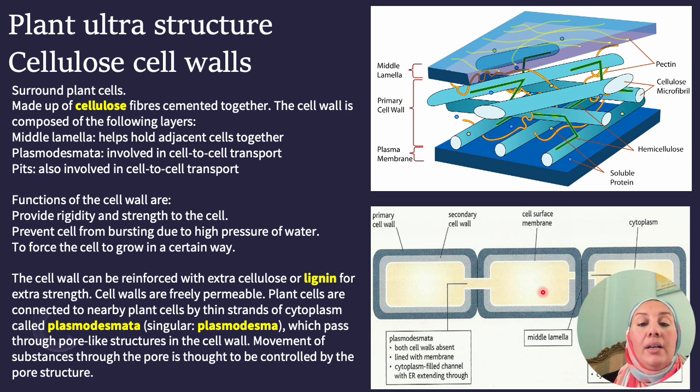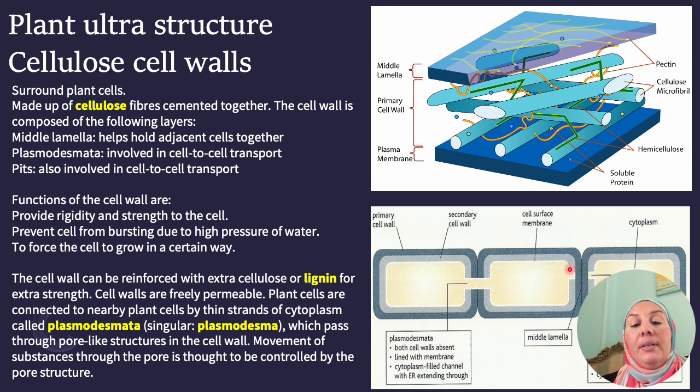Pits are another thing that is a space also, but here we need to start by saying that a cell has a primary cell wall, on the outside of the cell, and a secondary cell wall as the cell gets older. Okay? It builds another wall that we call the secondary wall.